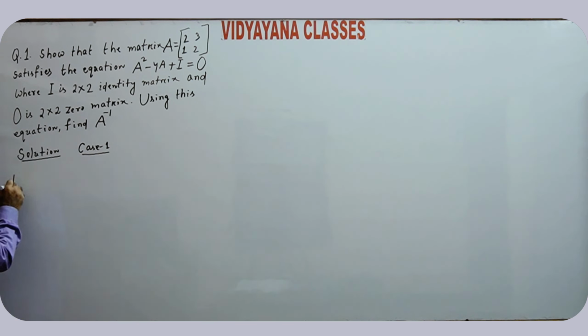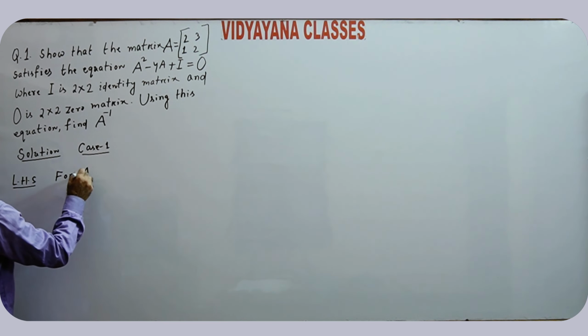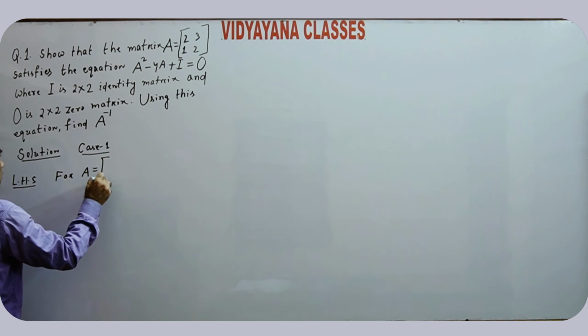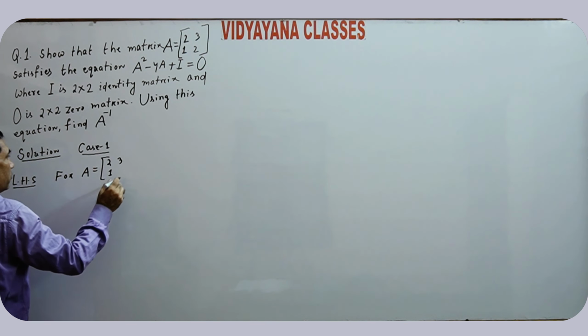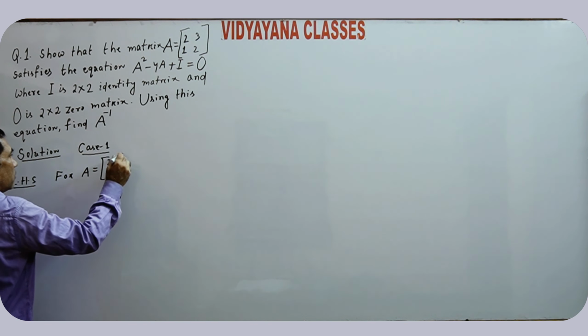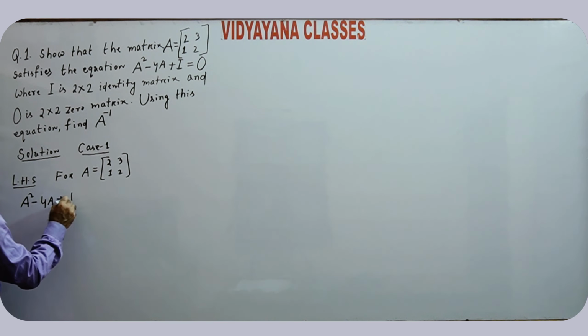Left side, for A is equal to 2, 3, 1, 2, A square minus 4A plus I.